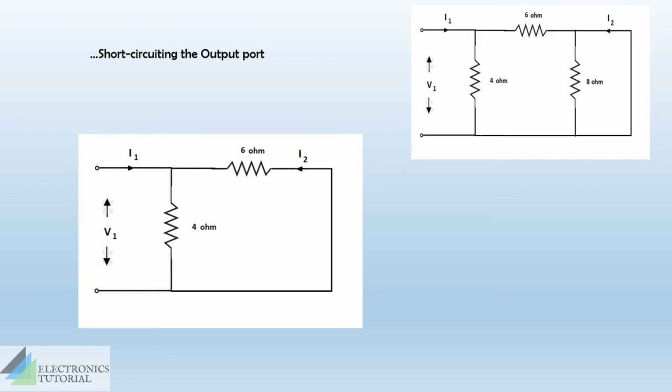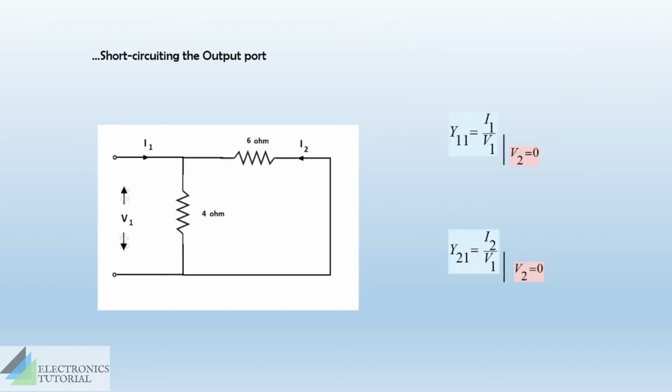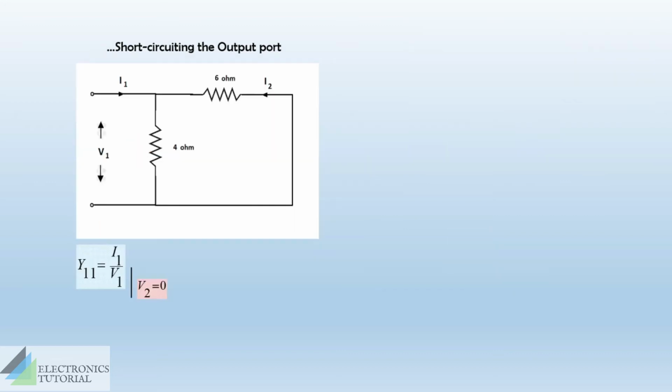With such a condition, we are going to get two relations, Y11 and Y21. First, we will pick the relation Y11. Here, Y11 has got the relation I1 by V1. We are adopting the same steps that we have done already with the set parameter values. Here, the numerator and the denominator are unknown values.